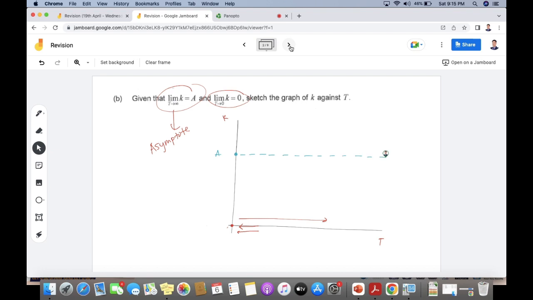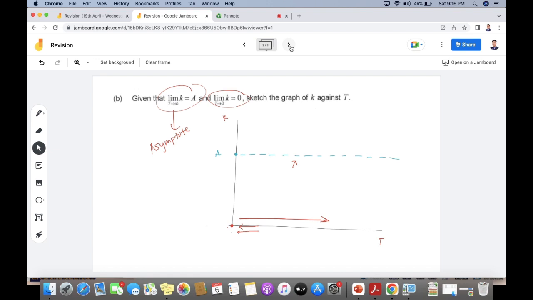This tells us that as our t approaches positive infinity, k tends to approach this value of a. It approaches this value of a but never touches it. That will be our boundary or our limit. All right? So we start from 0 and then we somehow go up to the right but never go beyond the a.